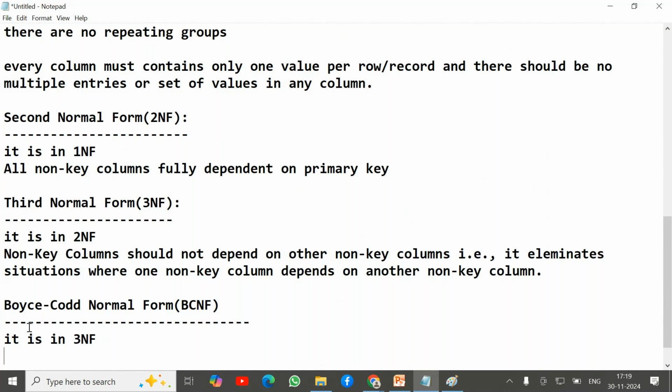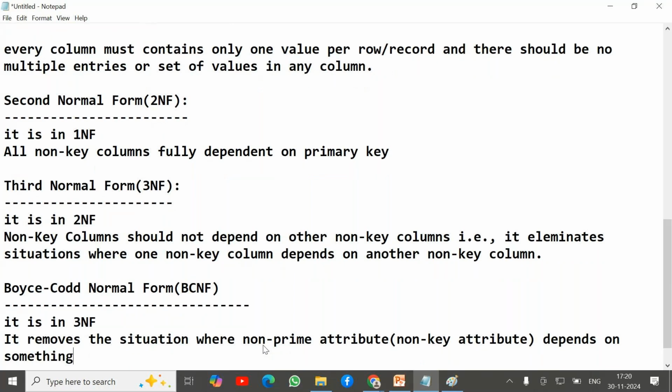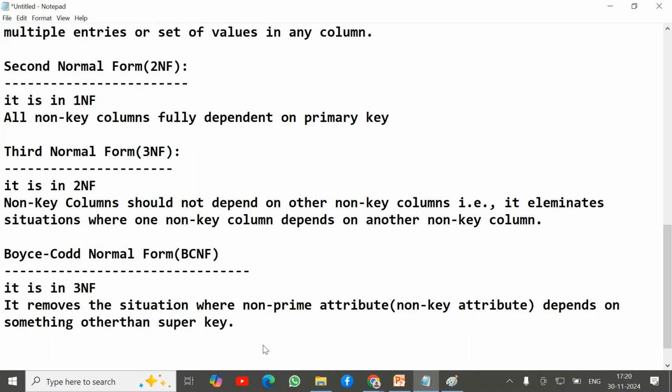Now observing very clearly here, one table is there.